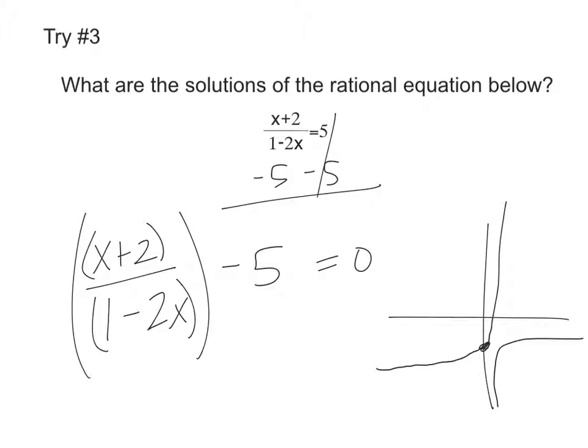So again, second trace, 0, left bound will be over here, right bound will be somewhere over there. And so we're going to get as an answer x equals 0.27 repeating. And that actually is our final answer.